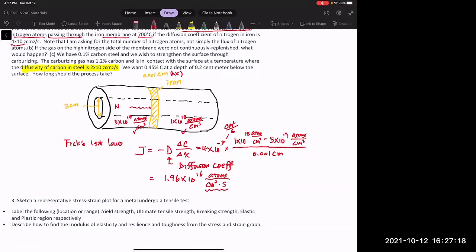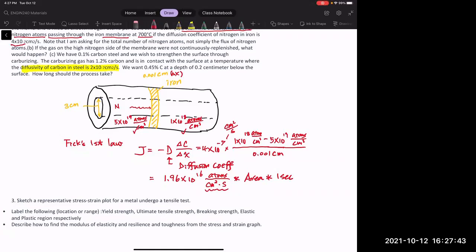The flux means how many atoms pass through per centimeter squared times time. So if I multiply this one with the area and with the time, which is 1 second, I will be able to find out how many atoms pass through this membrane in 1 second.